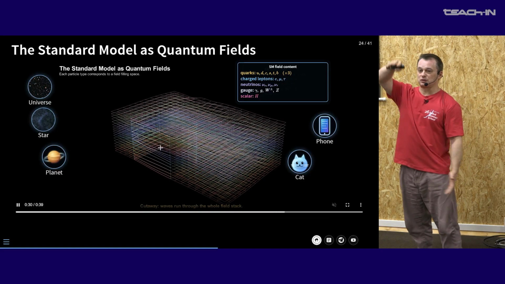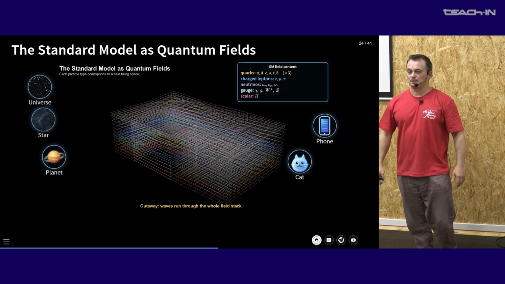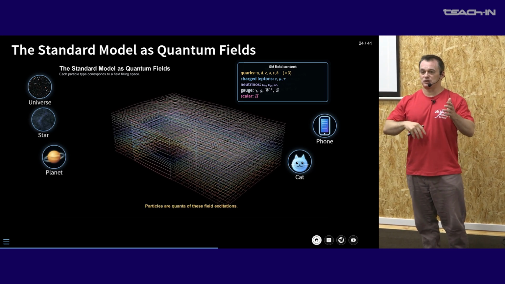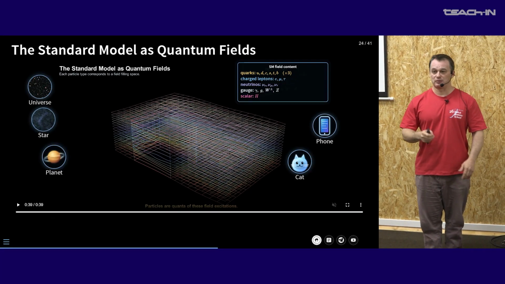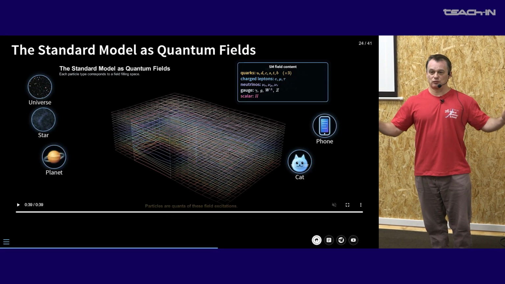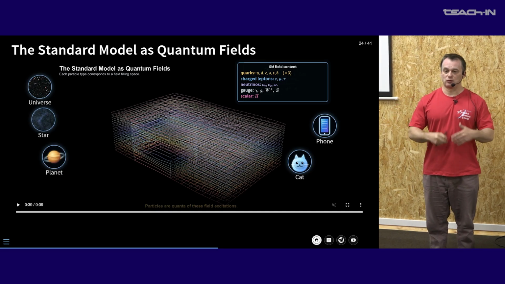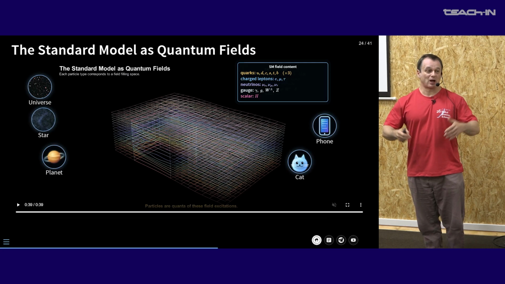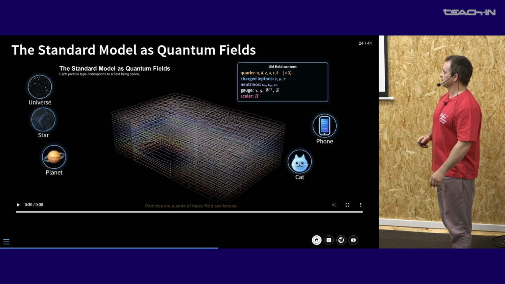All these fields just sit around. They are vibrating, and their vibrations are transferred between each other, and this is the way we describe interaction. So all our universe is filled with these quantum fields. Actually, if you want a qualitative picture, we are all a set of quantum fields.